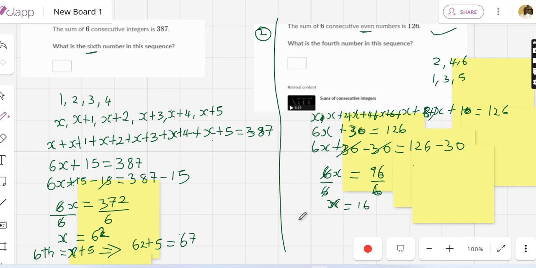So that implies, and our x is 16, so it's 16 plus 6.